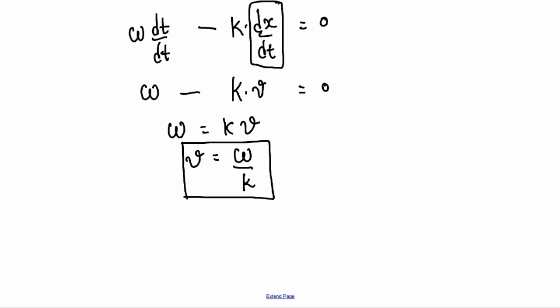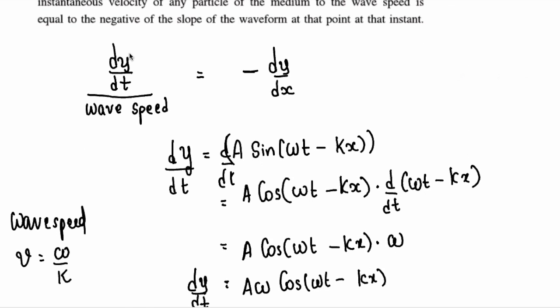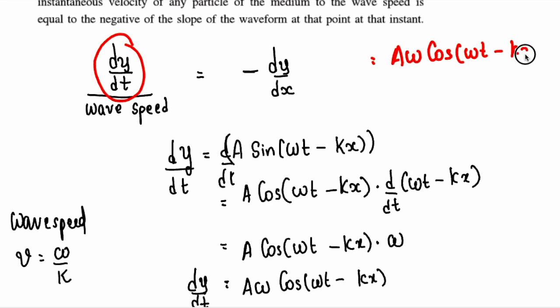Now we have both elements of our first ratio. We have dy by dt, which was a omega cos(omega t minus kx), upon the wave speed, that is omega by k.